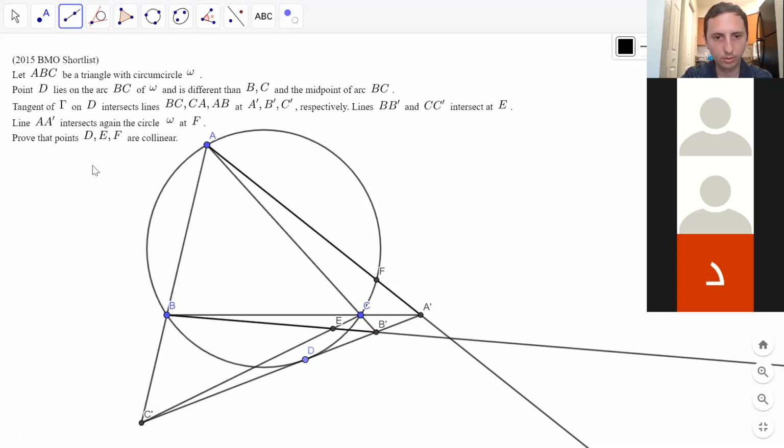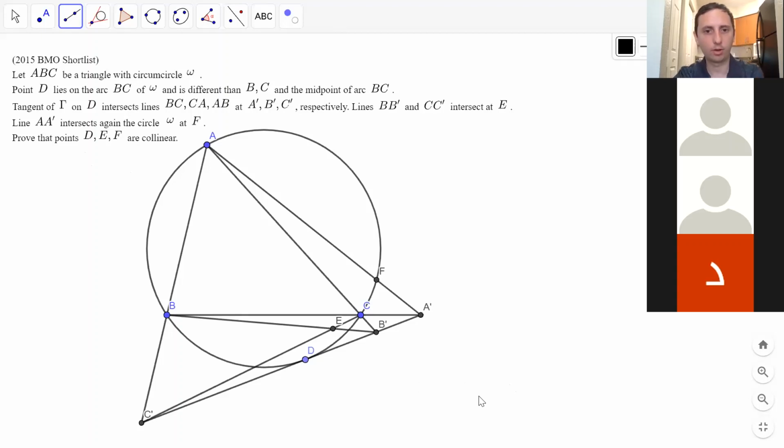Well, that might not work actually. I feel like cross ratios might be a kind of natural way to do this.